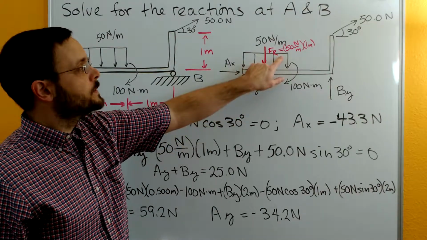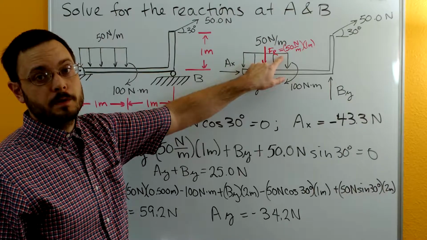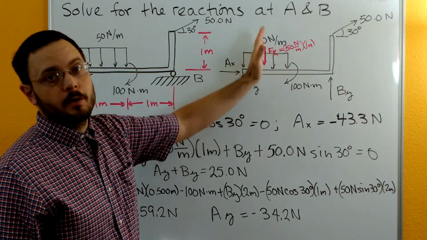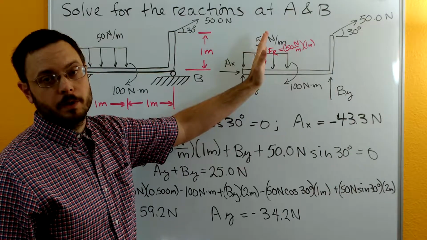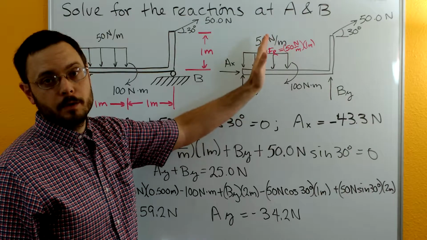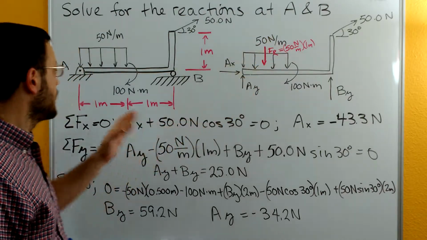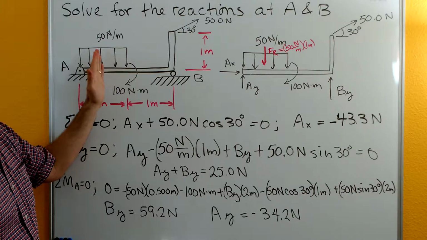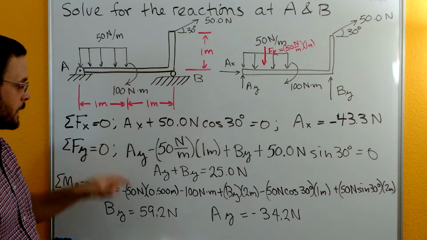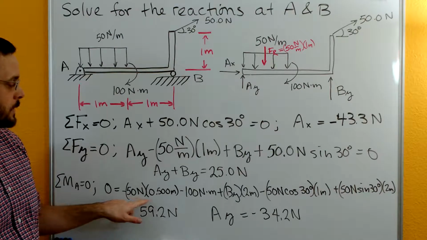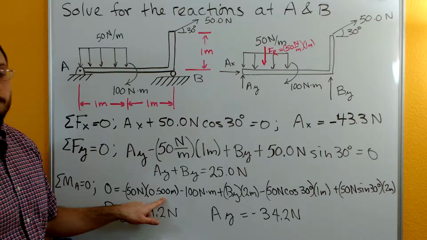So this resultant of 50 Newtons sits at the centroid of the area generated by the distributed load. So the centroid of a rectangle is just going to be right in the middle of the rectangle. So instead of being 1 meter over, we'll be half a meter over from A. So here's our 50 Newtons, which is our resultant under that distributed load, times that 1/2 a meter.